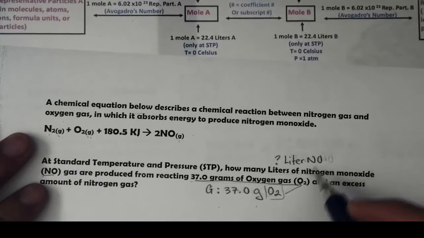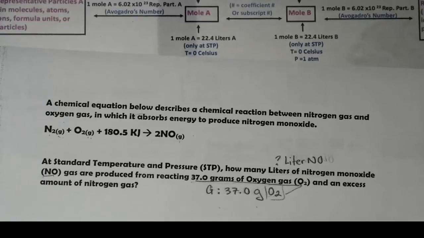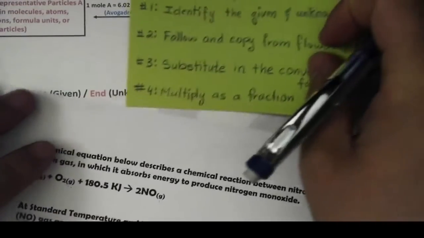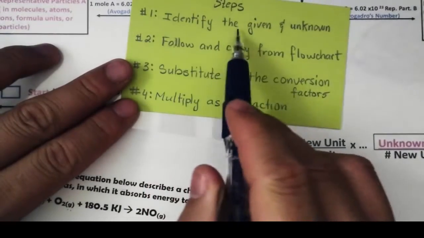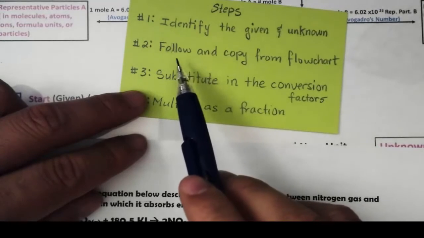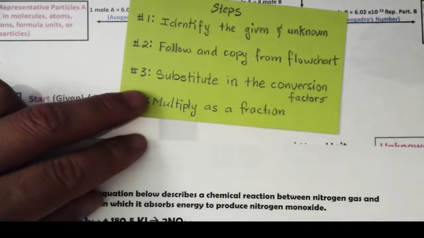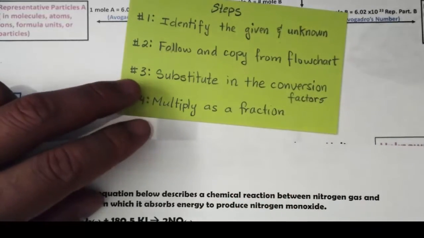And you can see right away we are now working with two different chemicals. So if we look back at solving this problem with steps, the first step is to identify the given and the unknown. Step 2 is probably one of the most challenging parts of this problem. That is, we follow and copy from the flowchart.